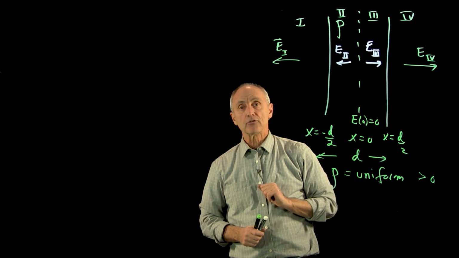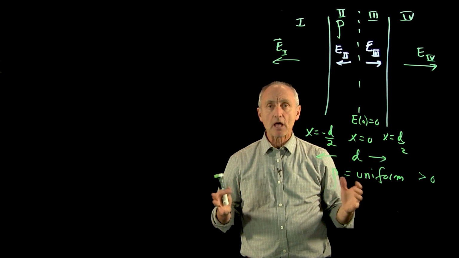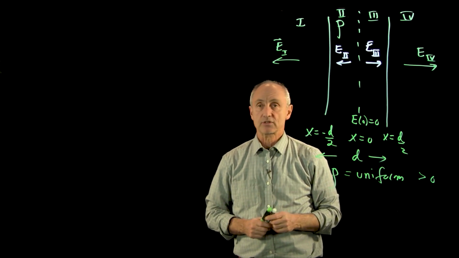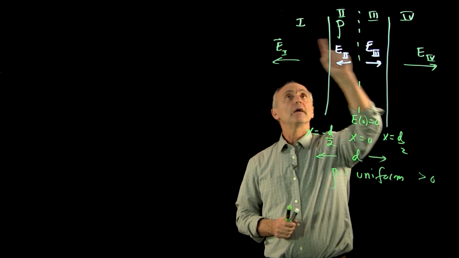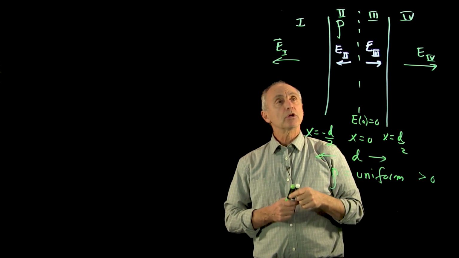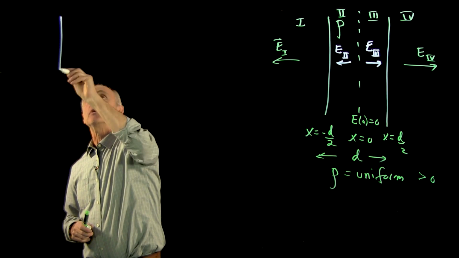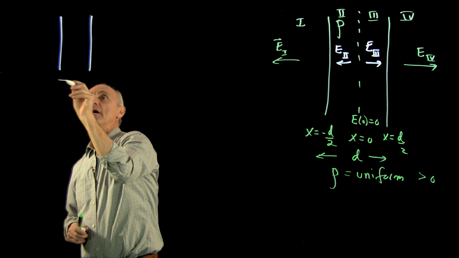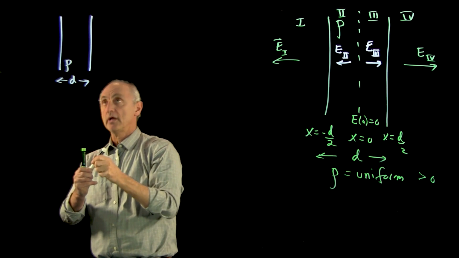And that is what the electric field looks like inside the slab. And now, to make this calculation, we have to choose some Gaussian surfaces. And there are a lot of different ways to do this. So we'll begin by looking at regions 1 and 4. And we're going to choose a Gaussian surface and again exploit some symmetry. So let's draw the slab. It's a thickness d, a charge density rho.